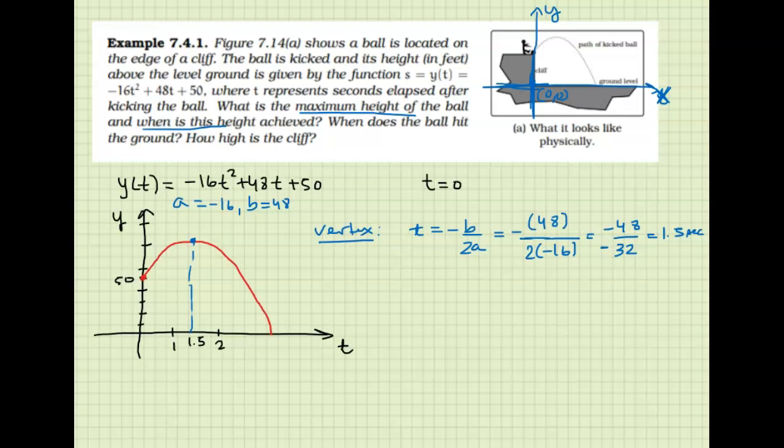Now if we plug this into our y, so plug in for t, that will give us the maximum height. So negative 16 times 1.5 squared plus 48 times 1.5 plus 50. Alright, plug that in our calculator.